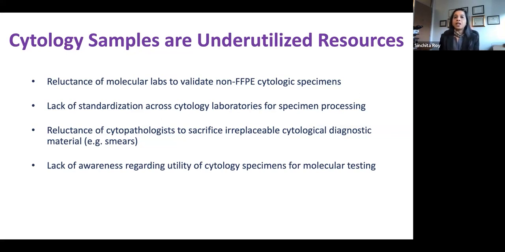I think in addition to that, cytopathologists also tend to be a little reluctant to give up material that will be used for testing. So if you are going to test off a smear, you're going to be scraping cells off that slide, and you have to sacrifice that slide. So sometimes there are medical legal issues associated with the use of cytology material. And so there may be a general reluctance for that too.